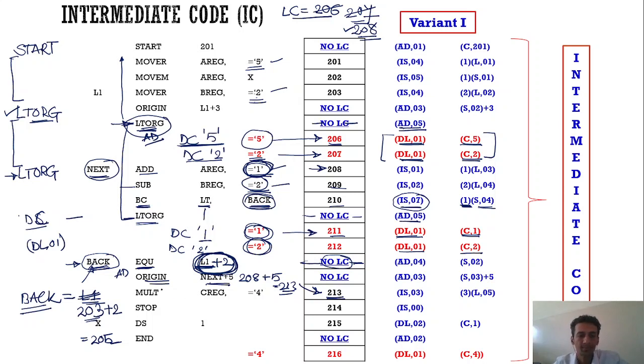Similarly, all these instructions will be processed, and if required, addresses in the symbol table will be updated, like over here. Okay, and once we are done with END, we just need to look at the literal table.